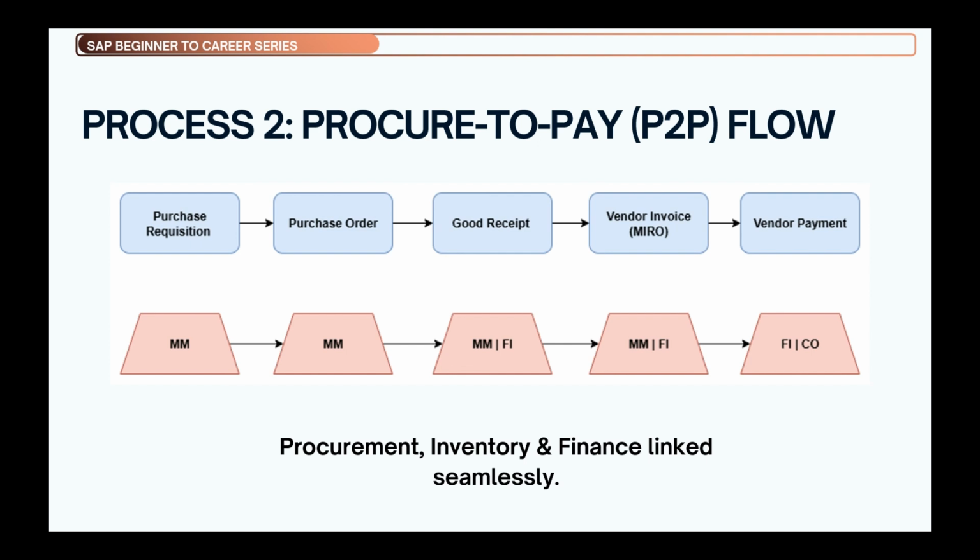Then vendor invoice. We are creating the vendor invoice document referring to the invoice shared by suppliers. So again, material management and finance modules are involved there, because vendor handling and all those related activities are handled by the material management module, and here we need to make a payment to the supplier, so the finance module is also involved, AP, accounts payable.